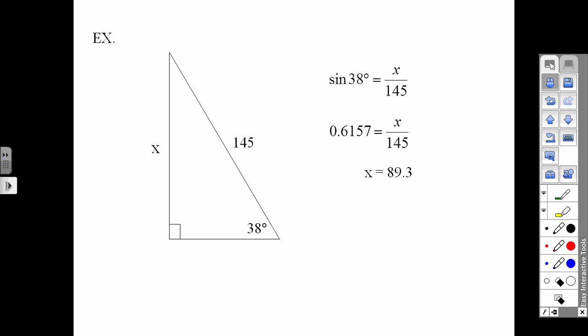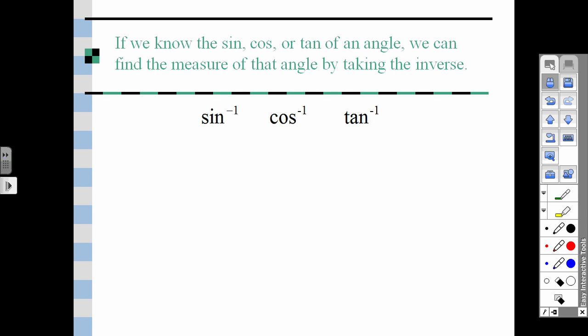We're going to do something a little different here, still with trig though. So what we're going to do now is talk about taking the inverse of sine, cosine, and tangent. And the way that they represent the inverse is with the little -1 as an exponent. So if you ever see sine raised to the -1, that's sine inverse.